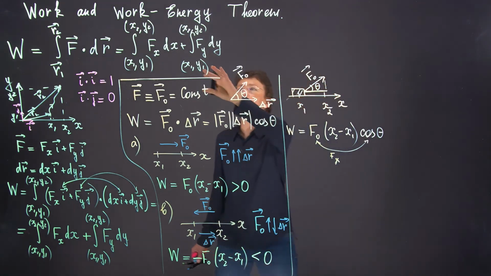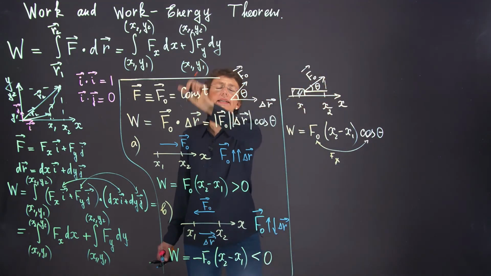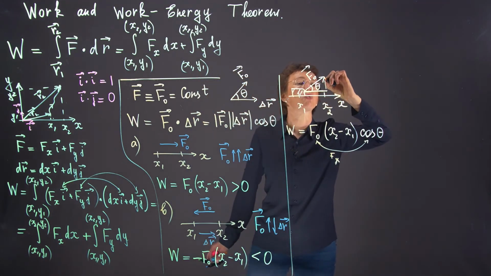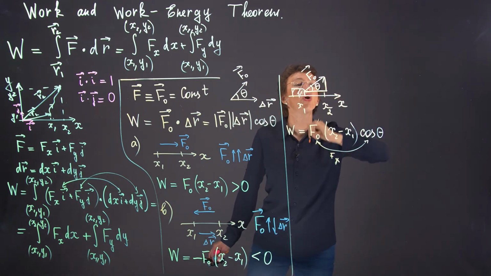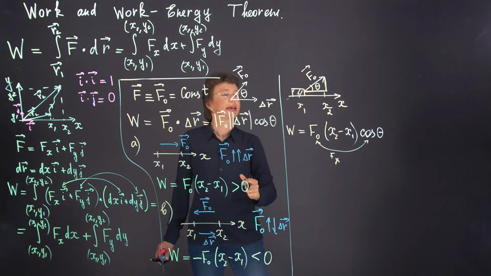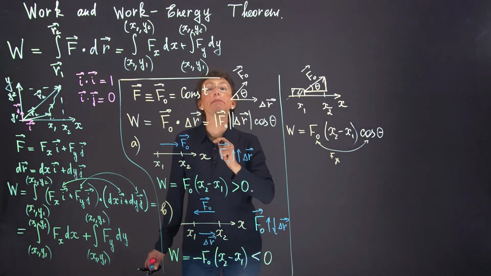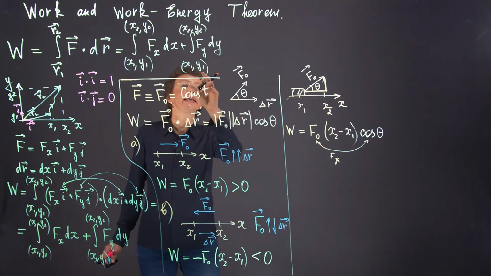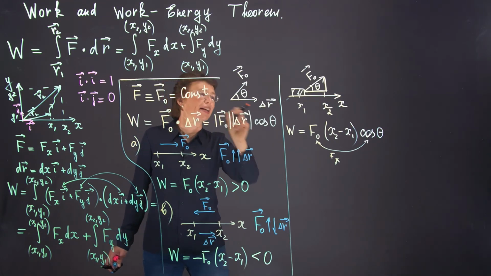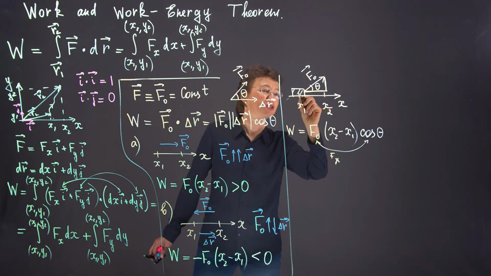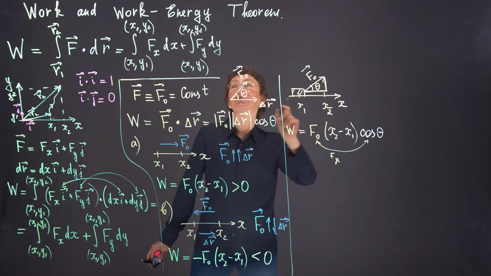And of course, we got the same formula. However, what about the second part? Why did I skip it? I do have non-zero Fy in this case. Let's look at the limits. What is the displacement in y dimension? What is y1? It's 0. It is on the surface. What is y2? It's again 0.